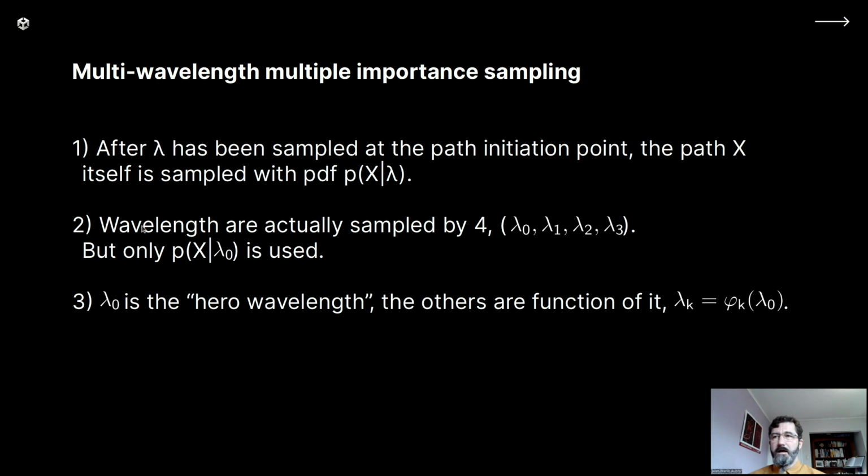Wavelengths are typically sampled by packets of 4, 4 being the width in floats of the SSE lane in current hardware. And thanks to this, not only do we get 4 samples essentially for the price of 1, but also we can impose a nice stratification between these four samples.